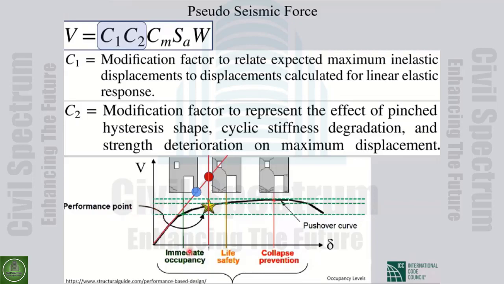But the horizontal axis is quite different. The values on the horizontal axis are quite different. So we use deformation and displacement measures for performance rather than force measures, because our buildings behave this way. Our buildings lose stiffness.